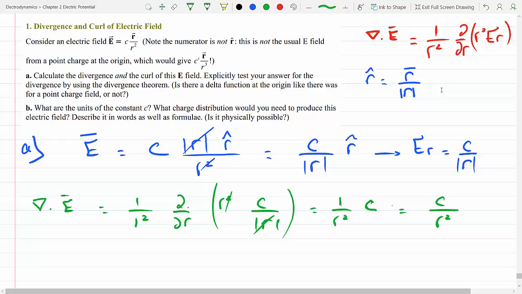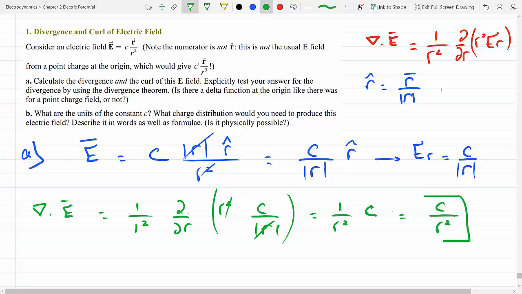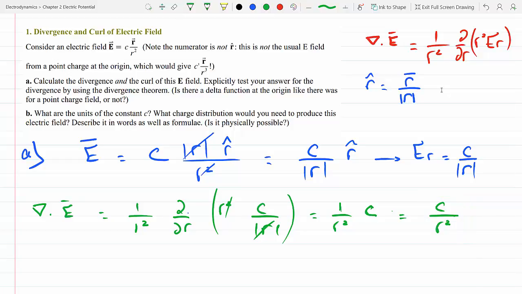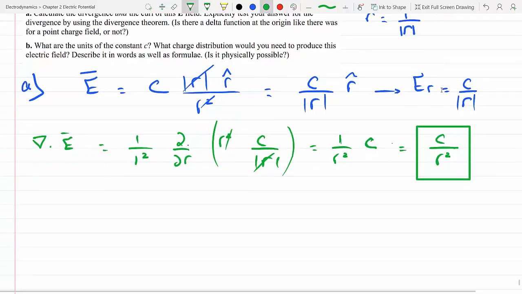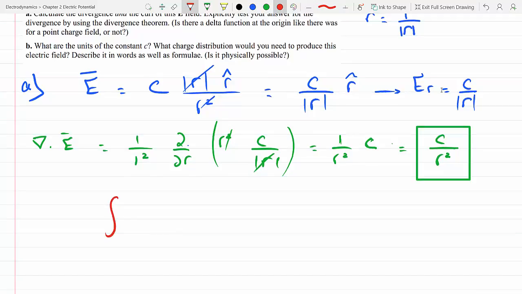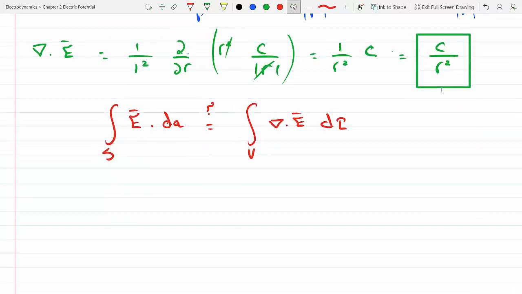Now we have to test this using the divergence theorem. The divergence theorem says that the integral of E dot dA over the surface S has to equal the integral of the divergence of E, d tau, over the volume V. Well, we'll figure out each one separately.